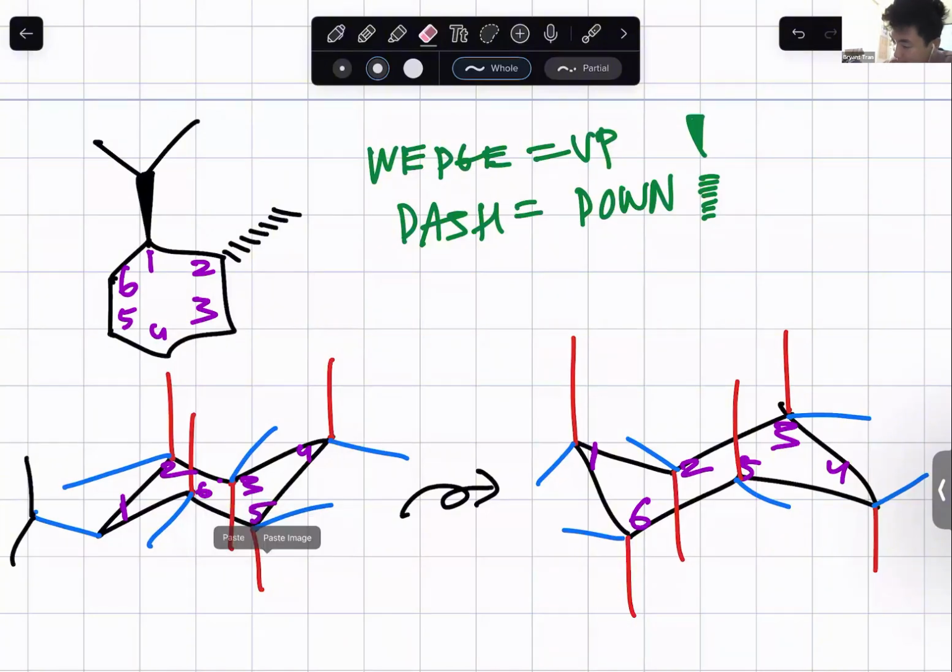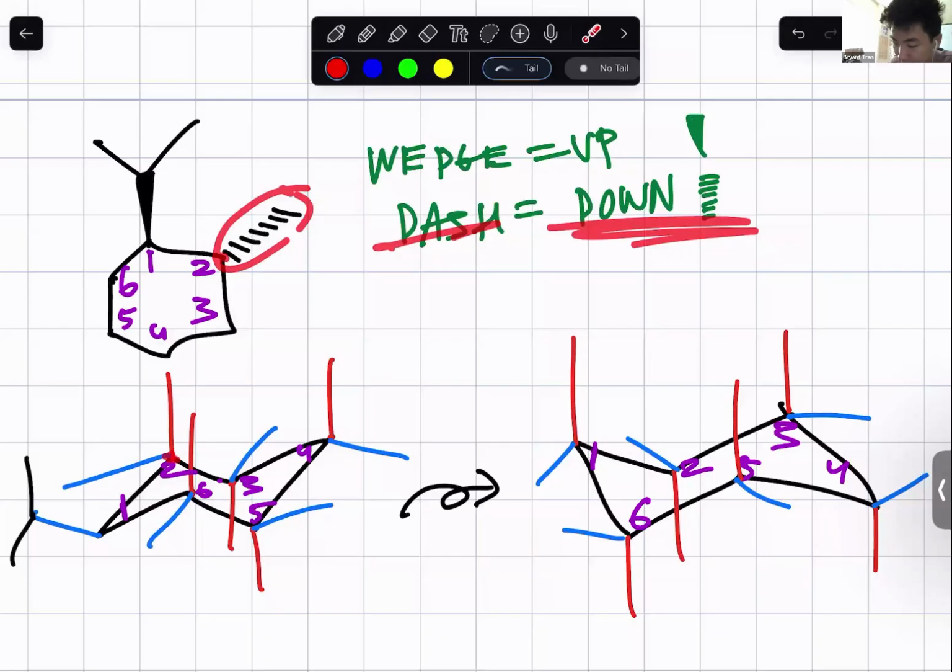Okay. Now let's look at carbon 2. Where would the methyl group be on carbon 2? Axial or equatorial? Equatorial? Yep. Because methyl here is a dash, meaning that it's going to go down. And if we look at carbon 2, we ask ourselves, what bond is going down? Axial or equatorial? In this case, at carbon 2, the bond that's going down is equatorial.